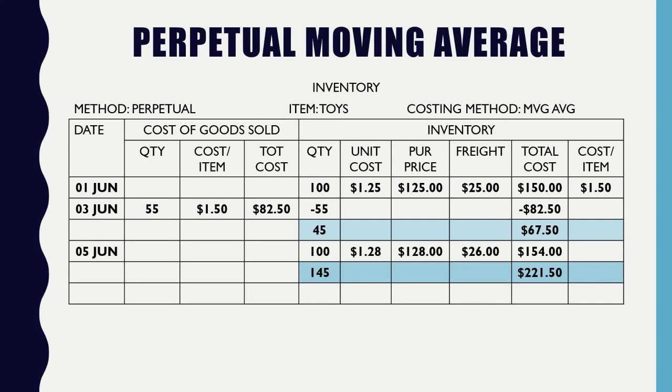So in this case, it's the same exact formula. You're going to take your total cost and divide it by your total quantity, which in this case gives me a grand total of $1.5275. Okay?